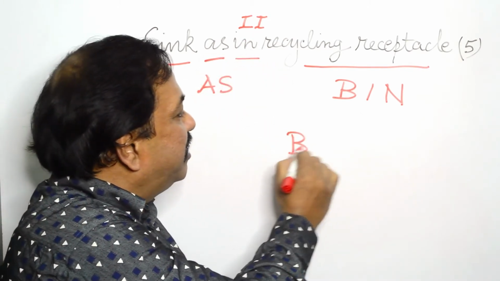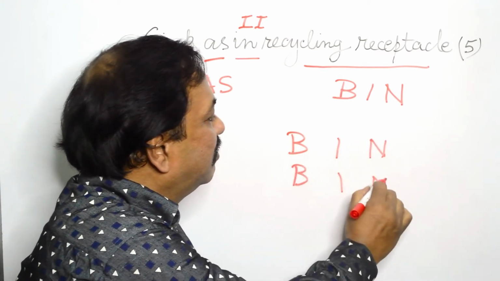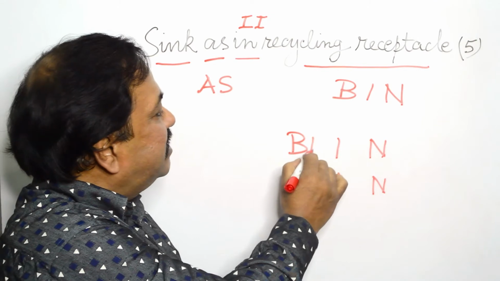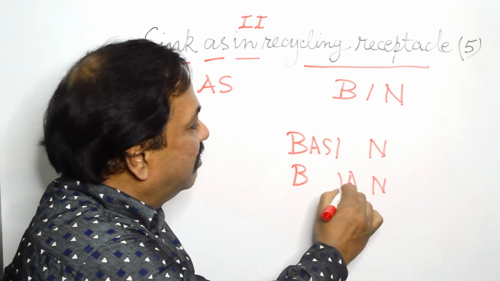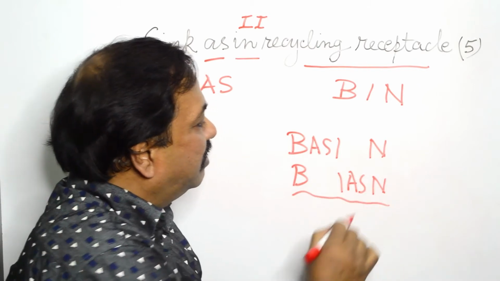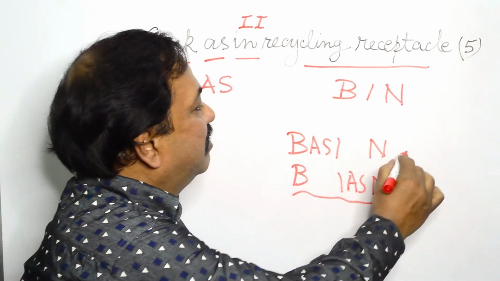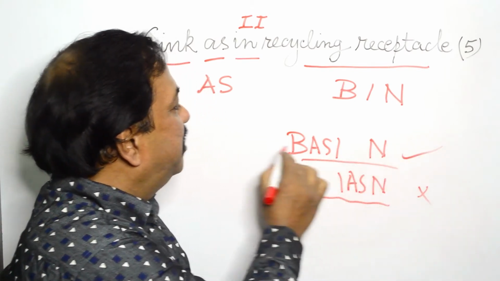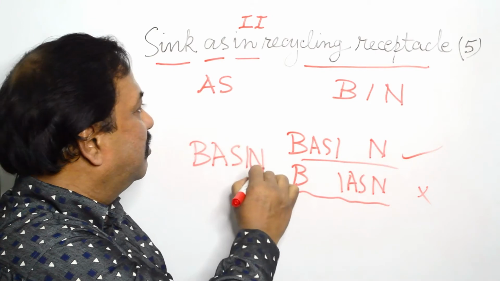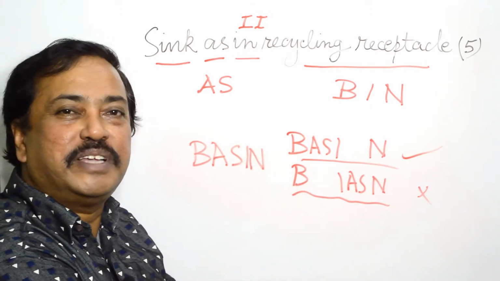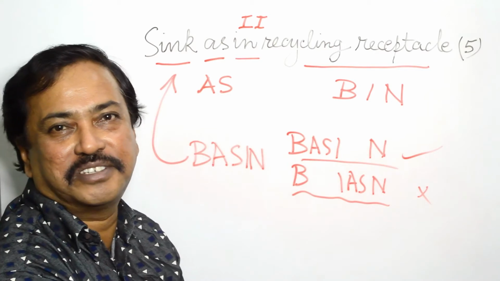Now we have two alternatives. As can go inside here or here. Now this doesn't seem to be a word, but this seems. We get a word, basin. And what is basin? Basin is a sink. And our answer.